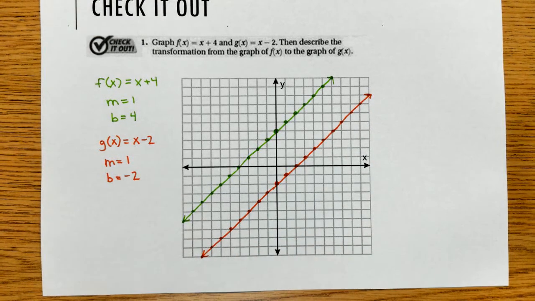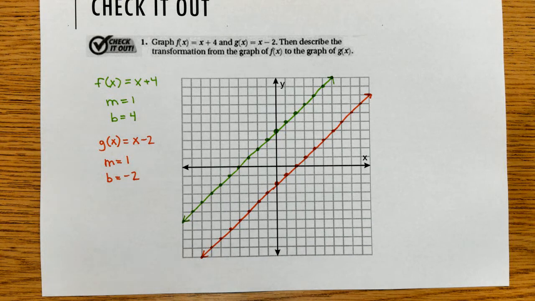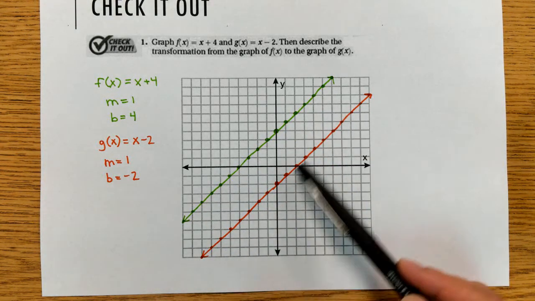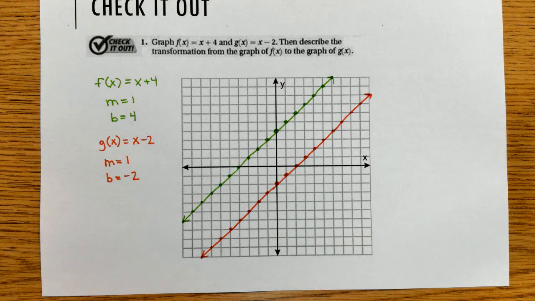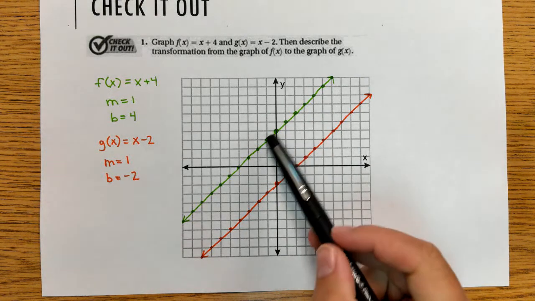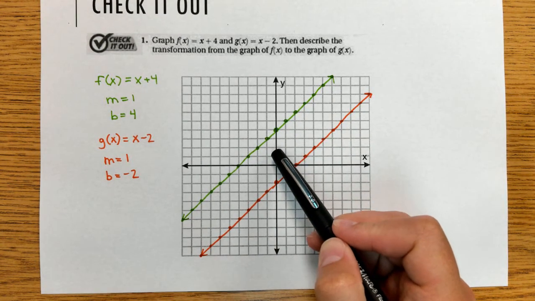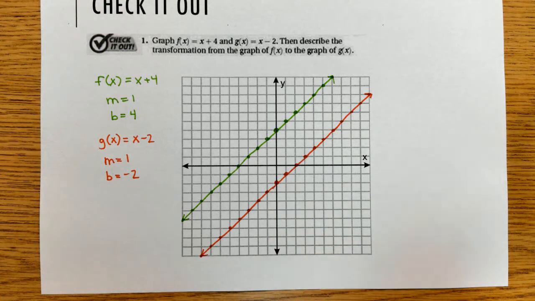And now I need to look at my graph and see what's happening here. Okay, so this was my f of x equals x plus 4. G of x equals x minus 2. So here, from my green line to my orange line, I'm going down 1, 2, 3, 4, 5, 6 units.